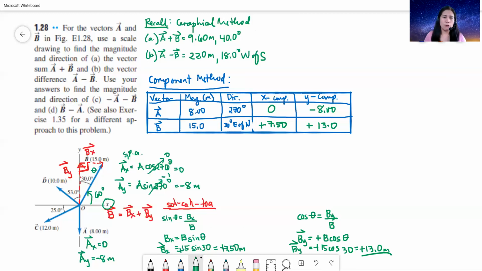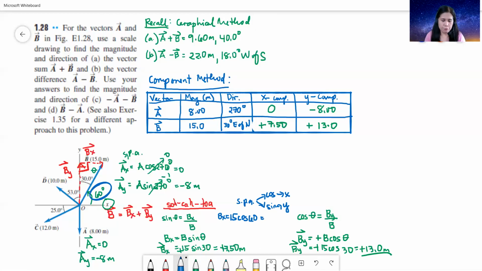Now, if we use the standard position angle, we always use cosine to get the x component and we always use the sine for the y component. So using 60, okay, I'd say that bx is B cosine 60. So this should give us 7.5.